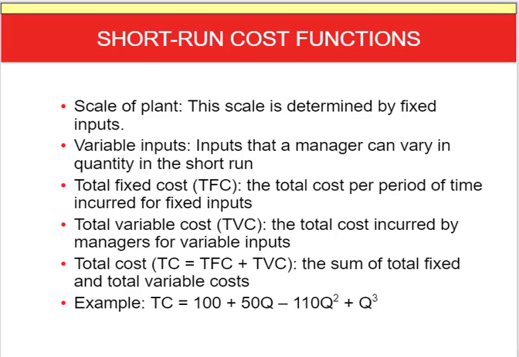So for that total cost given in the slide, when the quantity of output changes from 0 to some positive number, when you plug in 0 to that equation, total cost, then you have 100. And no matter what happened to quantity output, 100 always occur in the total cost of production.